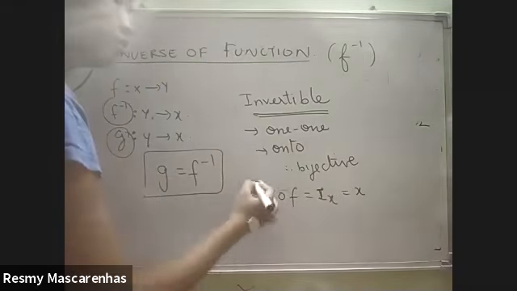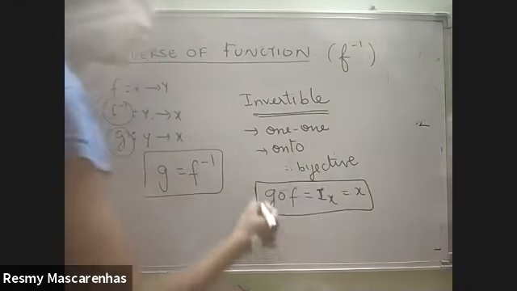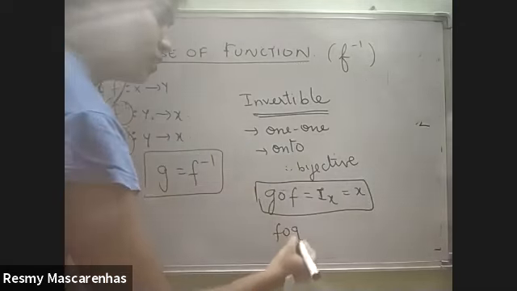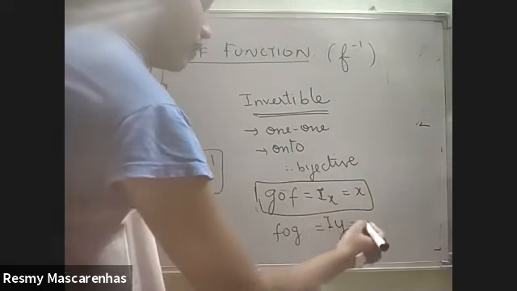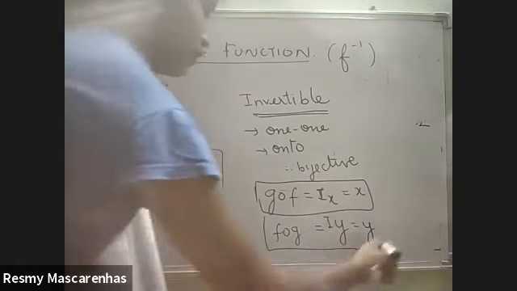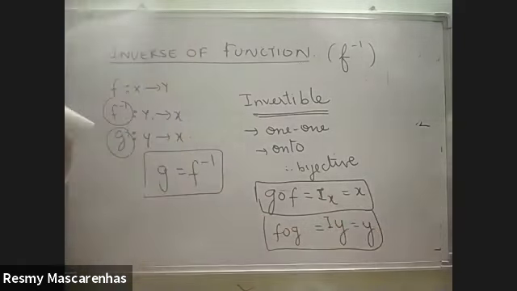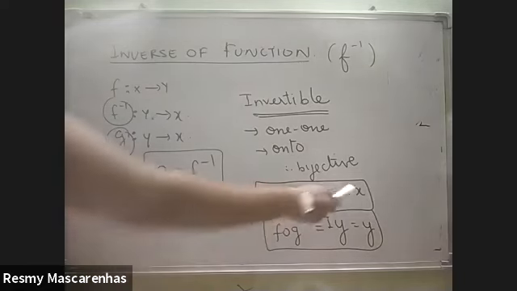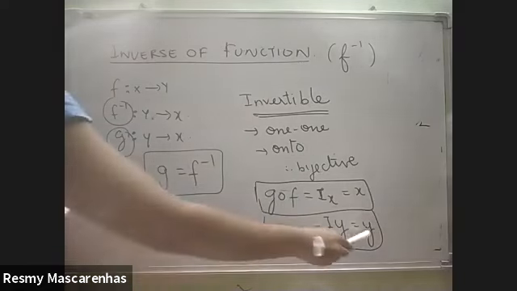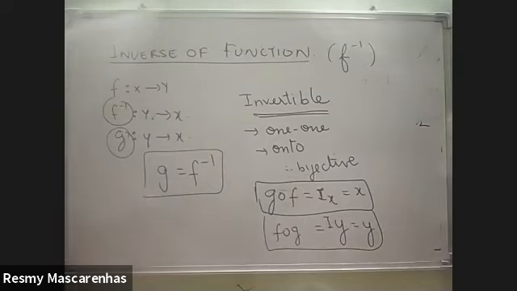So the answer you should get is X. And when you find FOG, the answer you should get is Y. So whenever you get these answers, it means your function is invertible and you can find its inverse. So this is the condition to prove it is invertible. When you find GOF, you should get X. When you find FOG, you should get Y. We will solve our problem, we will understand.